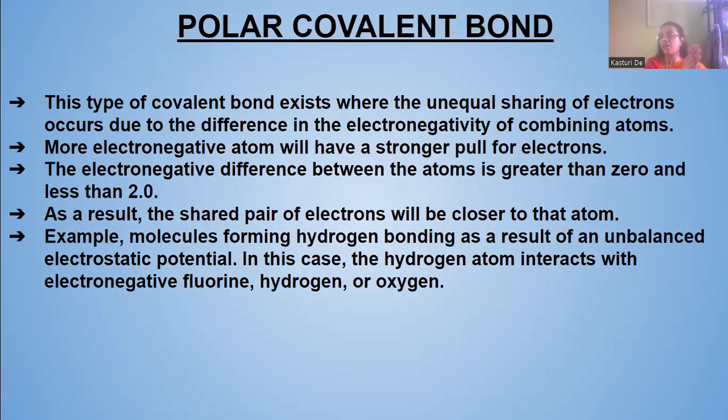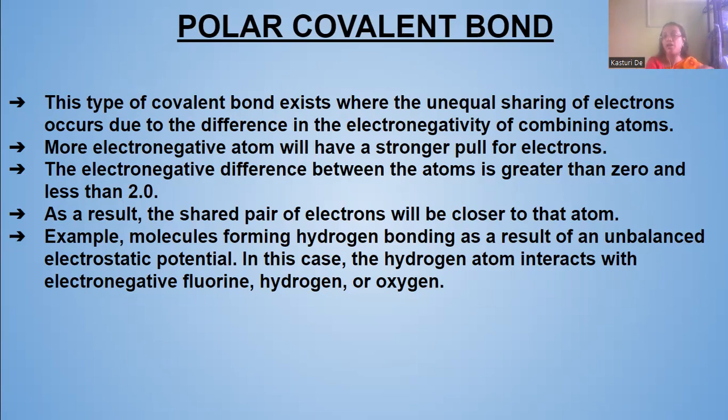In single, double, and triple bonds, we have seen there is complete sharing of electrons, forming a pair. But unequal sharing of electrons occurs due to the difference of electronegativity of the combining atoms. The more electronegative the atom is, the stronger it will pull the electrons.